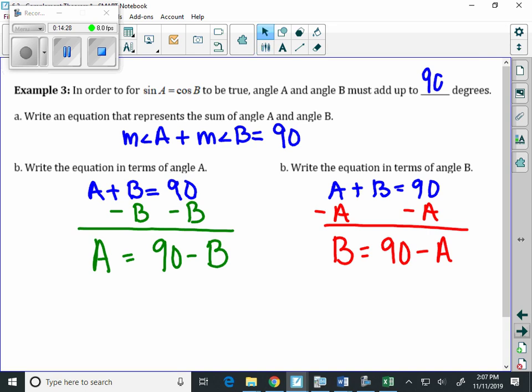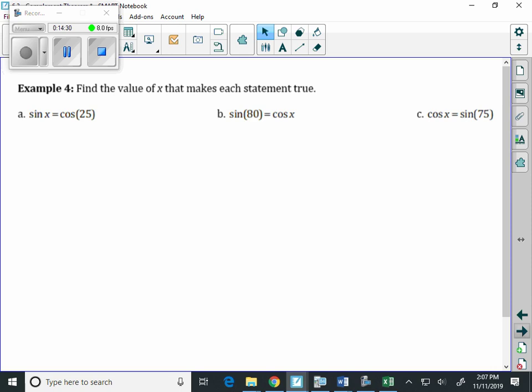Once we have this in our minds, then we can find the value of x that makes each statement true. Well, it says sine of x equals cosine of 25. So this is using the complement theorem. Angle A and angle B are complements. In this case, angle x and angle 25 are complements.